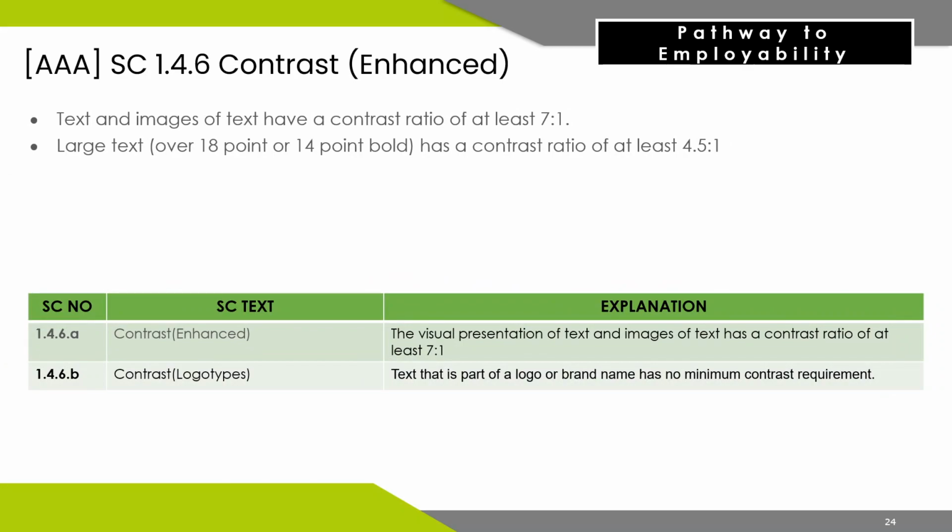The requirements for success criterion 1.4.6 Contrast, enhanced, are 1.4.6.a Contrast, enhanced. The visual presentation of text and images of text has a contrast ratio of at least 7:1. 1.4.6.b Contrast, logotypes. Text that is part of a logo or brand name has no minimum contrast requirement.